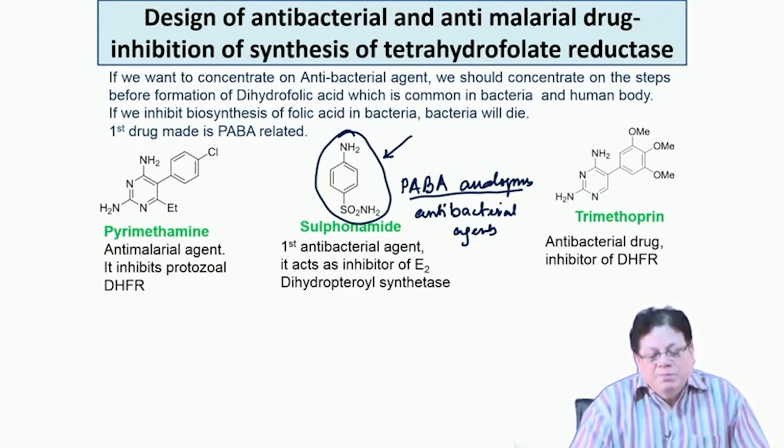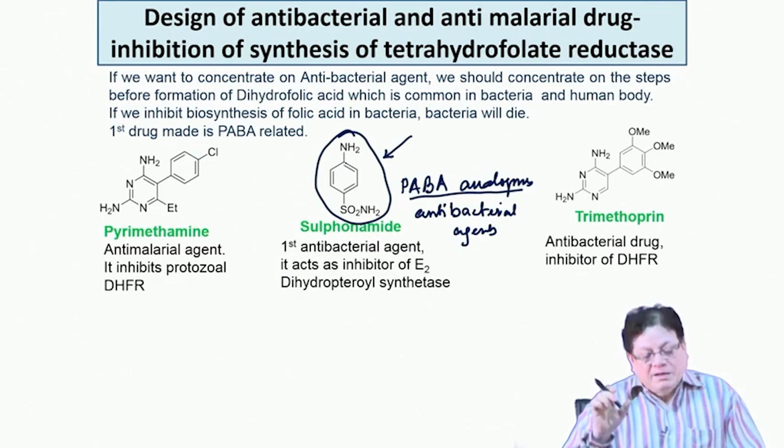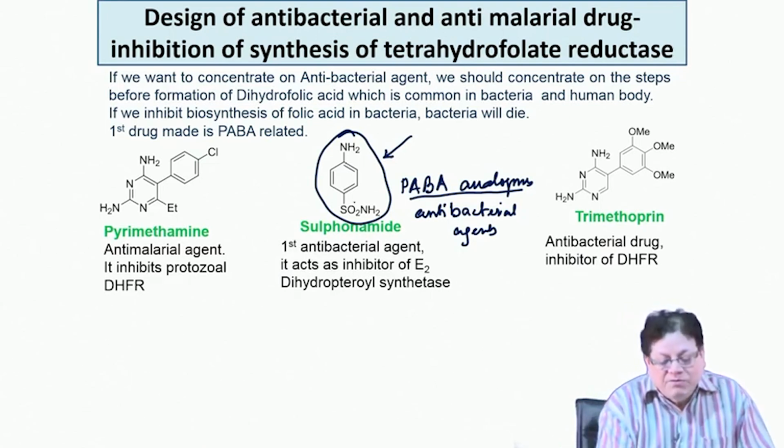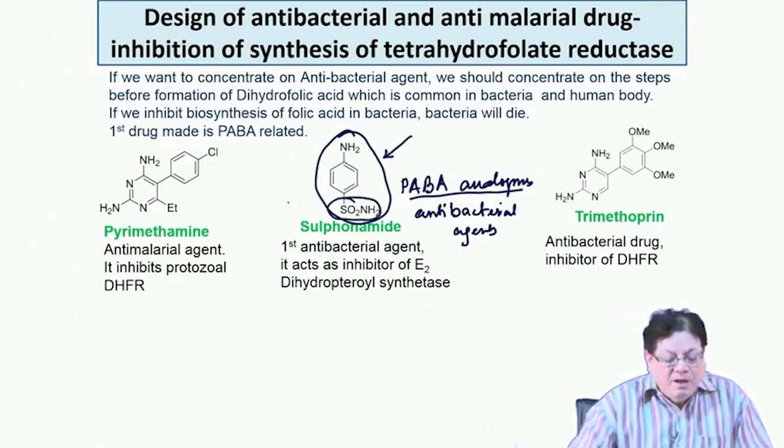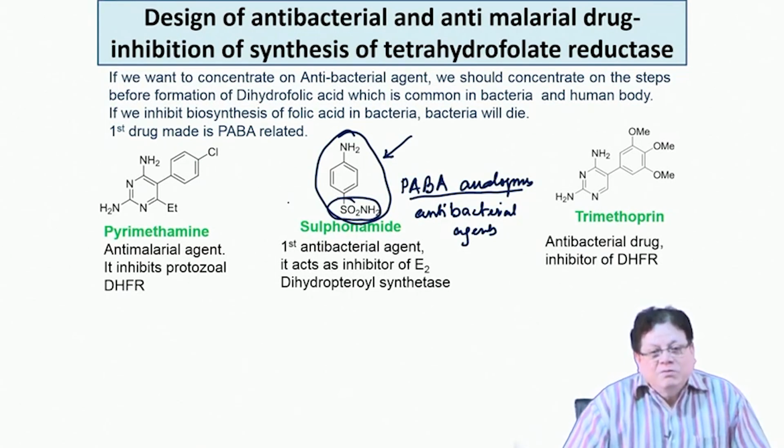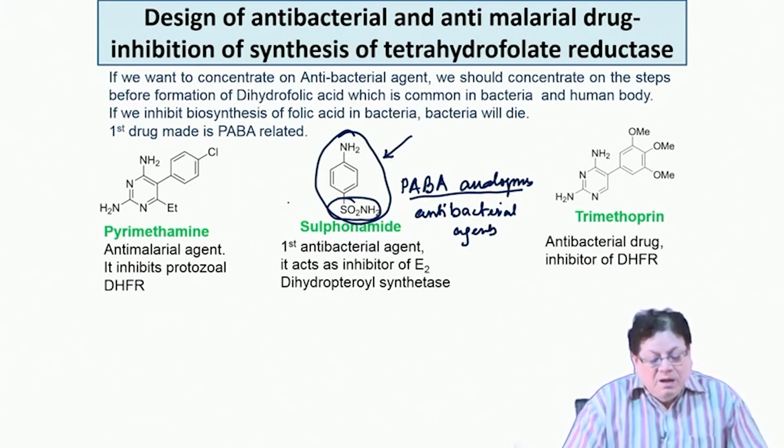In place of para-aminobenzoic acid, it takes up para-aminobenzene sulfonamide. So, then it cannot hook up the glutamic acid, which requires a carboxyl function at this position. So, that was the first antibacterial agent based on folic acid biosynthesis.